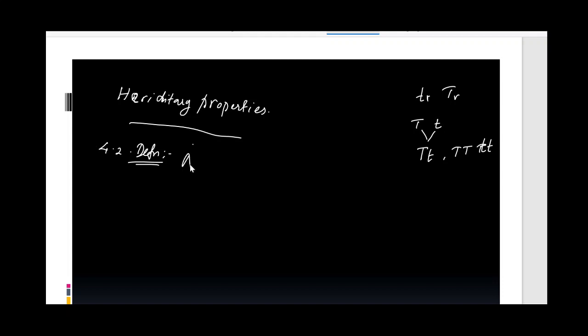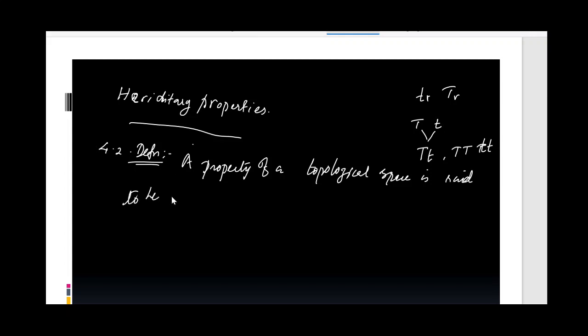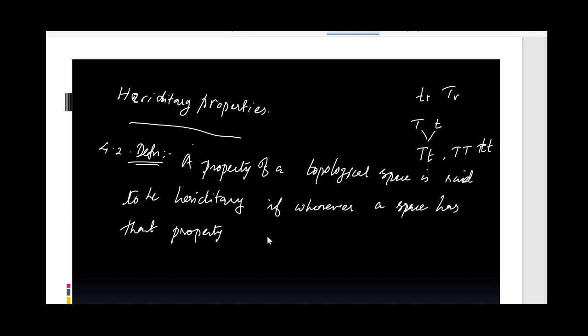A property of a topological space is said to be hereditary if whenever a space has that property, then every subspace of it has that property.